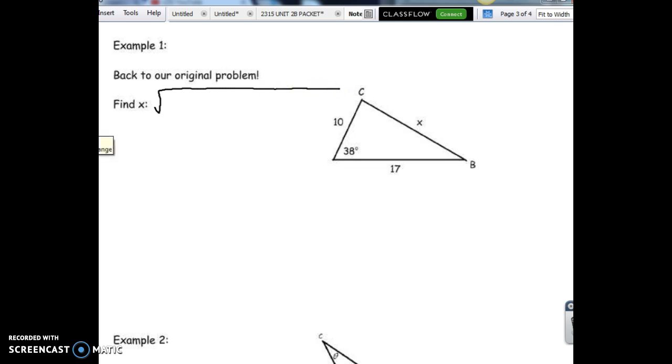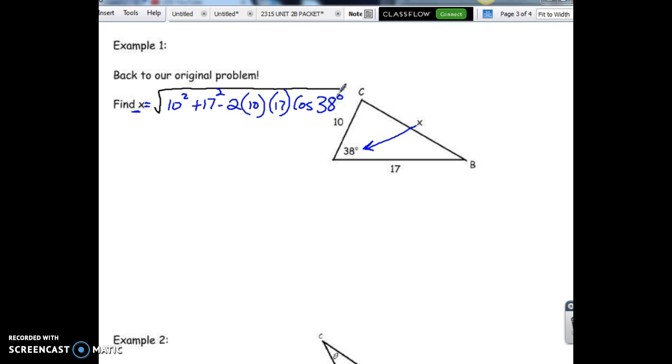So I'm going to put in my two sides, 10 squared plus 17 squared. Again, kind of looks like the Pythagorean theorem. I should put an equals there. Minus twice these two sides, a 10 and 17, cosine of the angle that's across from x, which is what we're trying to find. That angle would be 38 degrees.